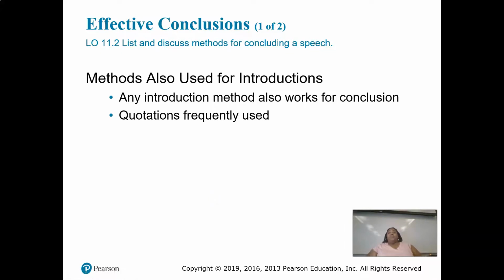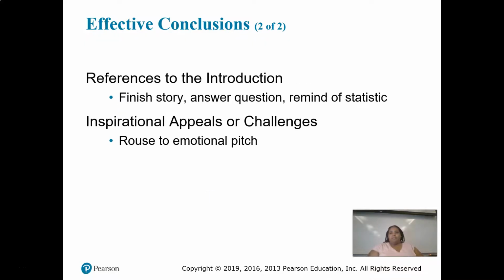So like I said before, any of the methods that we use in the introduction can also work for your final thoughts in your conclusion. Sometimes people use quotations at the very end, or facts and stats as well. Like I talked about in the introduction video, if you begin an anecdote or story at the very beginning, you can end the anecdote or story at the conclusion, almost like bookends.